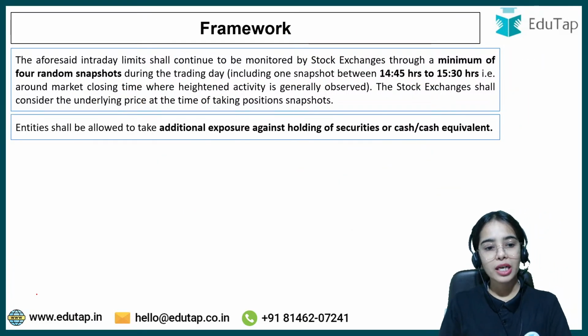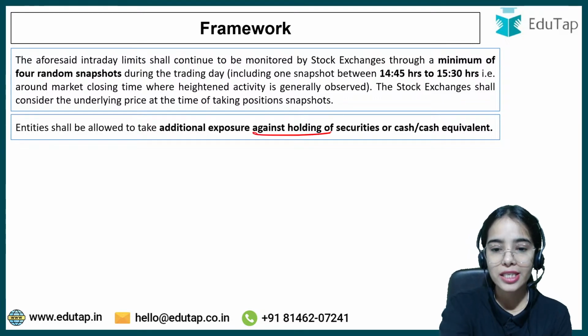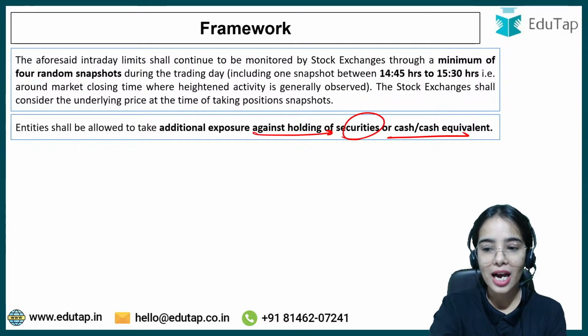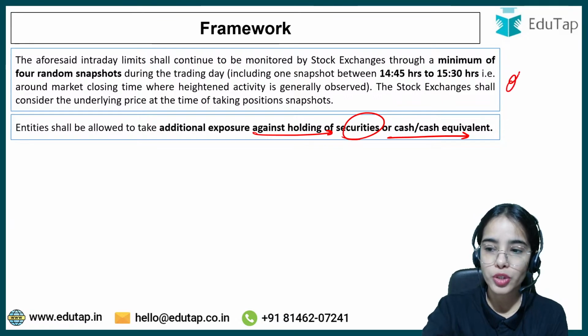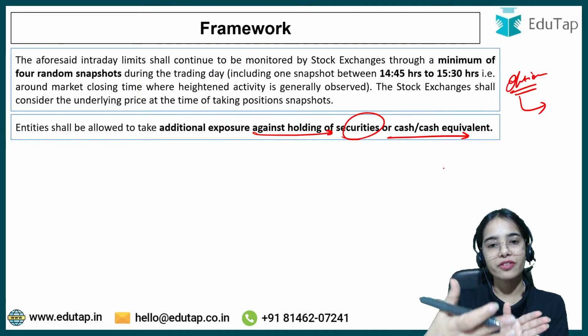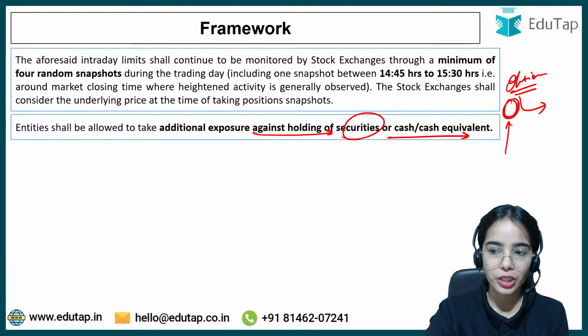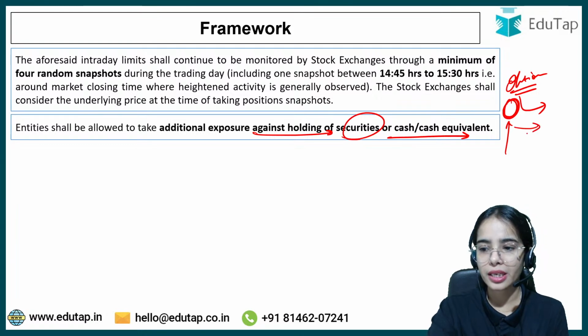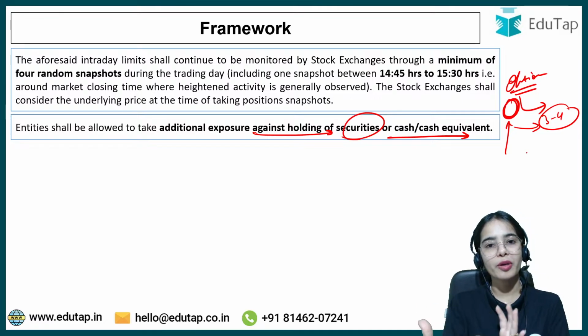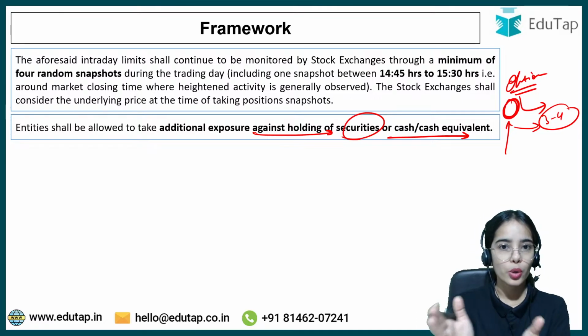Now, entities shall be allowed to take additional exposure against holding of securities or cash equivalent. So option, this is for a specified time period. Let's say I have got the option today in the morning, and after 3 to 4 hours the market is going to close, so I have to square off my position before the end of the closing period, right?